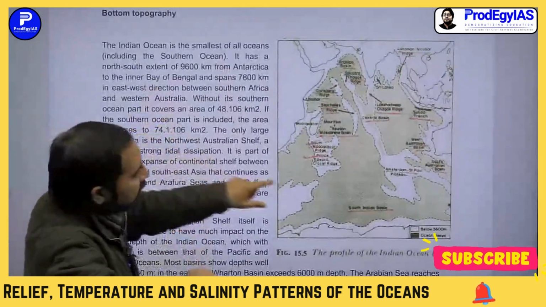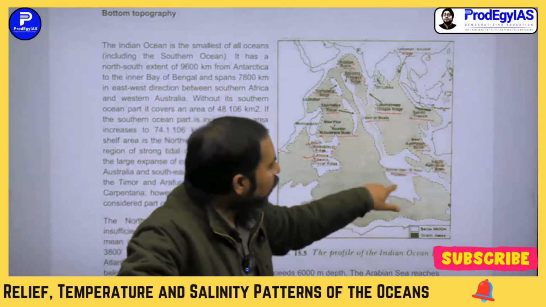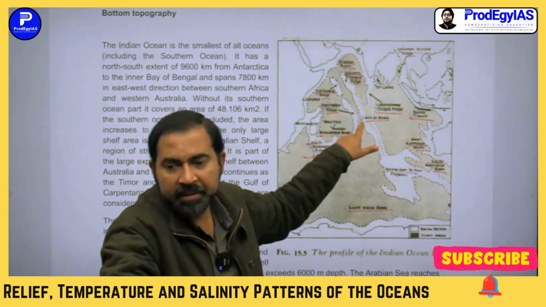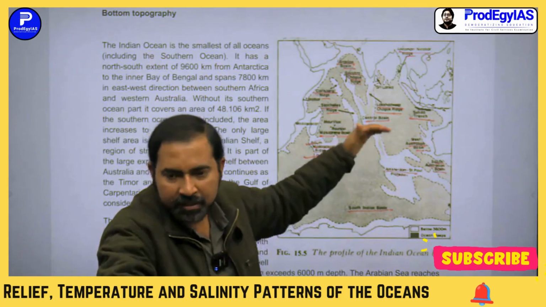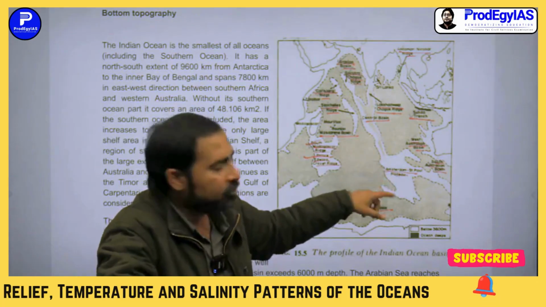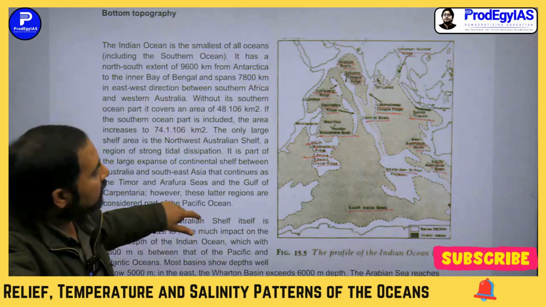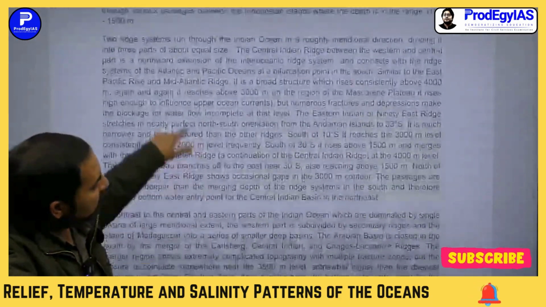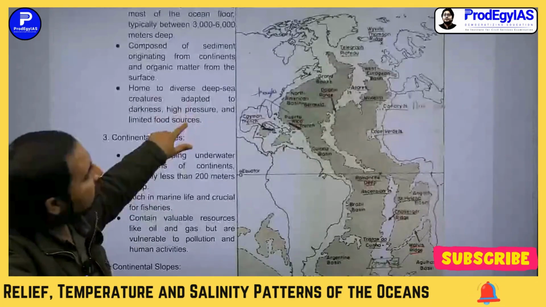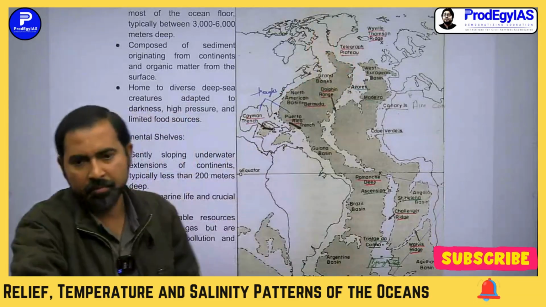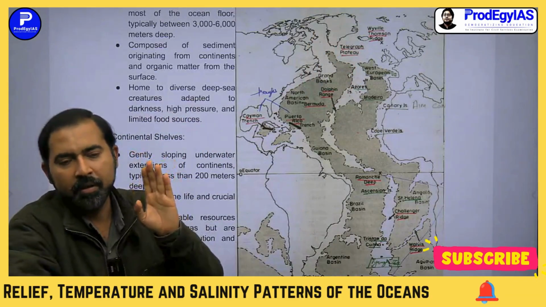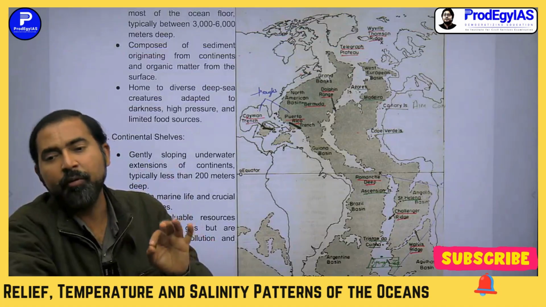I was saying that this Amsterdam St. Paul Plateau is part of the Central Indian ridge. The southern part of the Central Indian ridge is known as Amsterdam St. Paul Plateau. In the same way, the northern part of the mid-Atlantic ridge is known as Telegraph Plateau. They are just names, but you have to memorize them. They are important for your prelims.